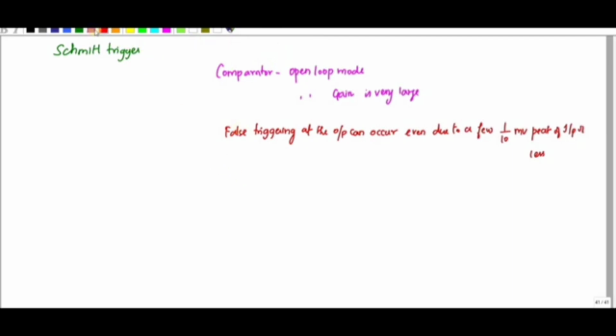Therefore, we have to design the comparator with positive feedback to avoid this false or unwanted triggering.